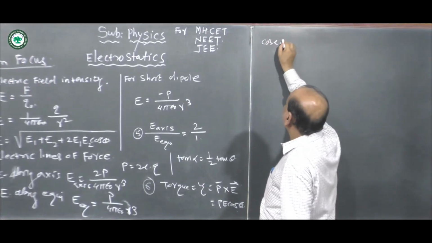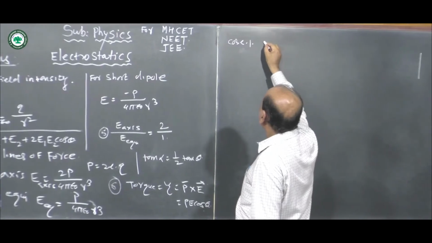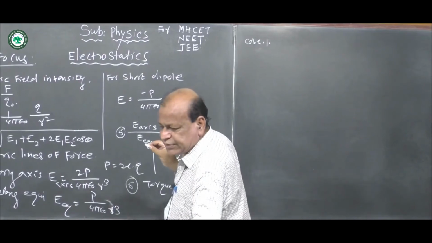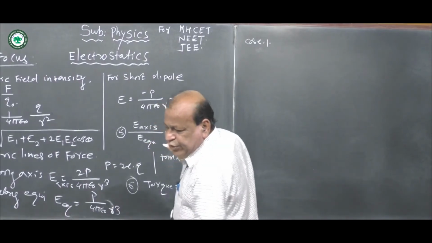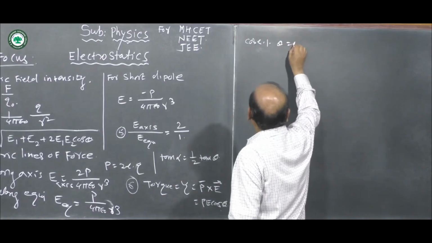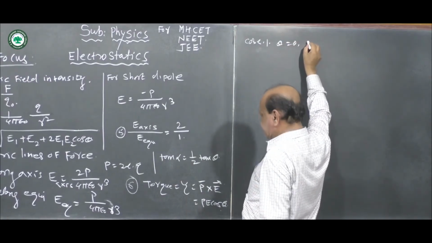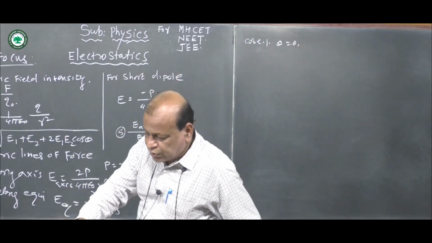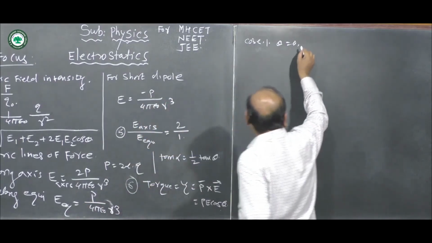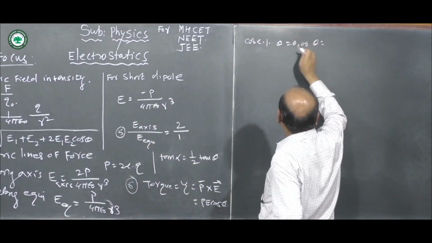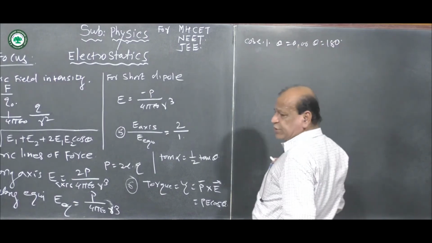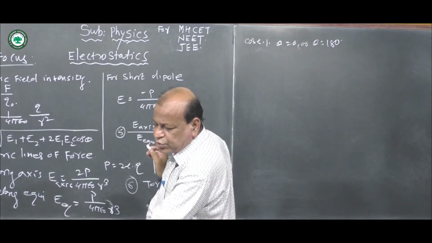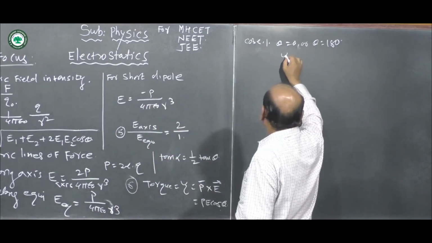Case 1: if theta is equal to 0, and another case for theta is equal to 180 degrees, in both cases the value of torque will be 0.